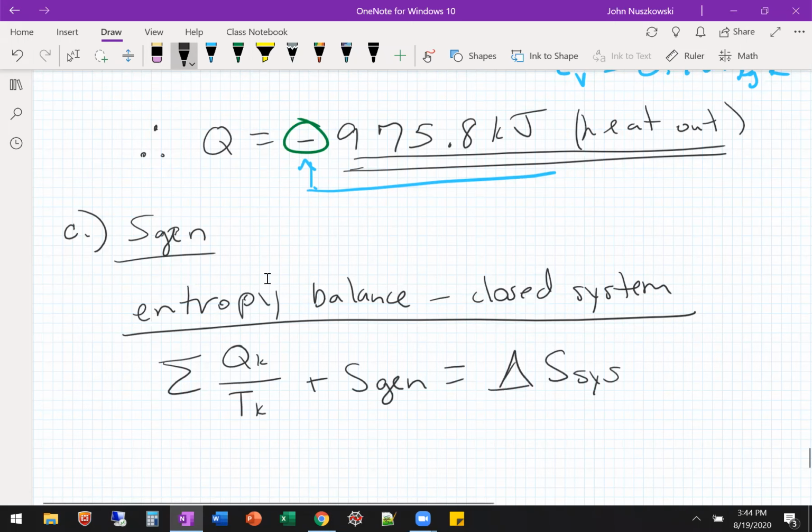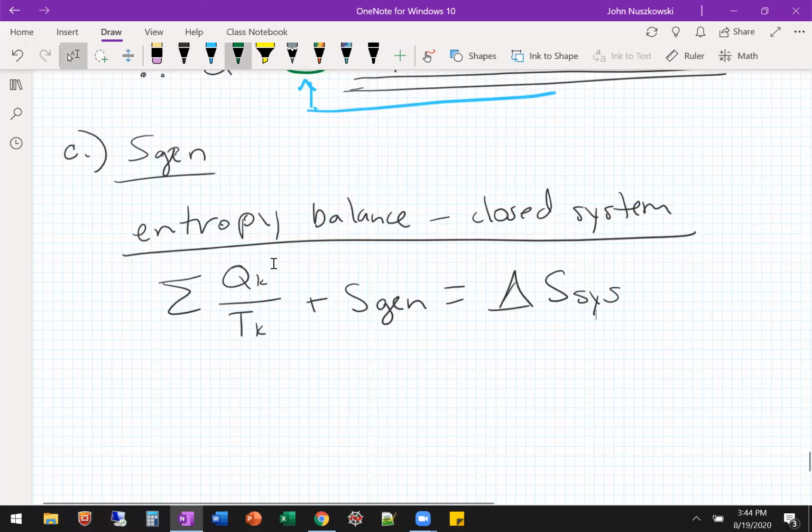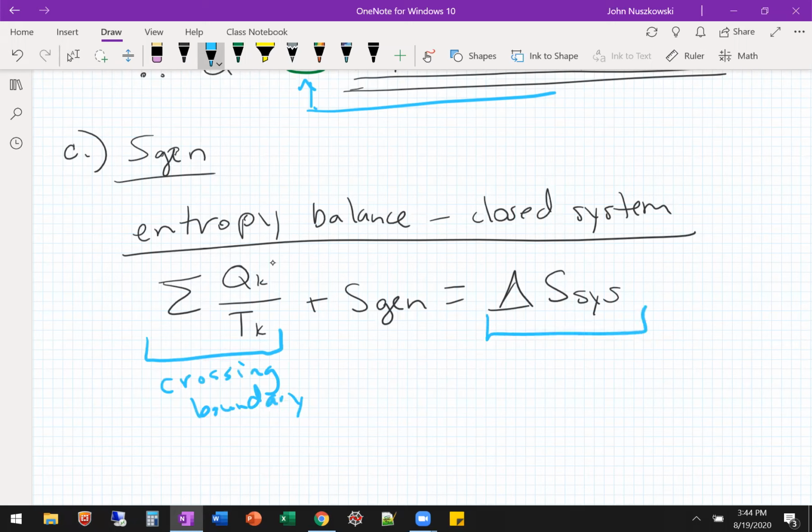So in our entropy balance, we have what's crossing our boundary on the left. So this is crossing the boundary. We have delta S, so this is inside our boundary.